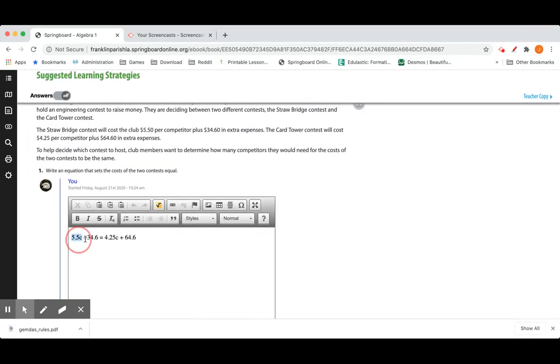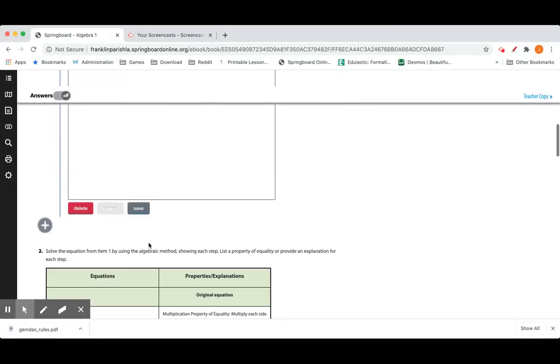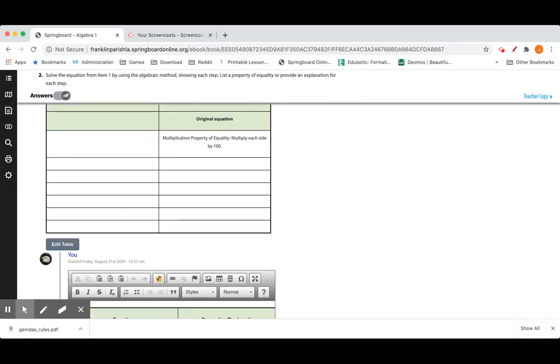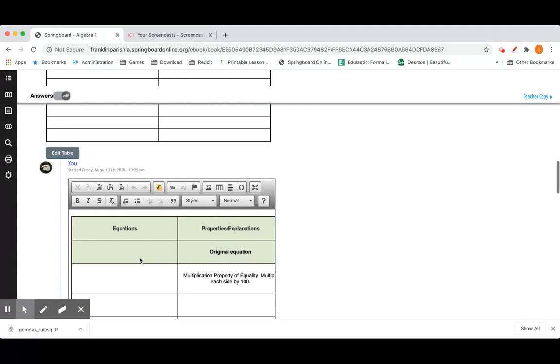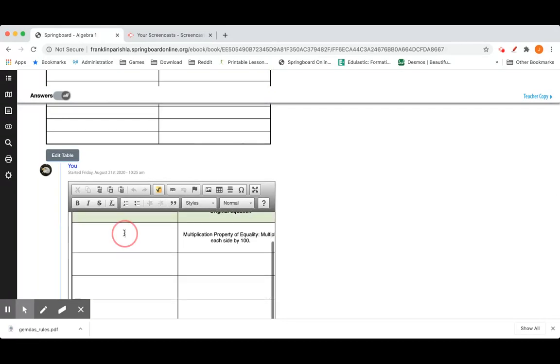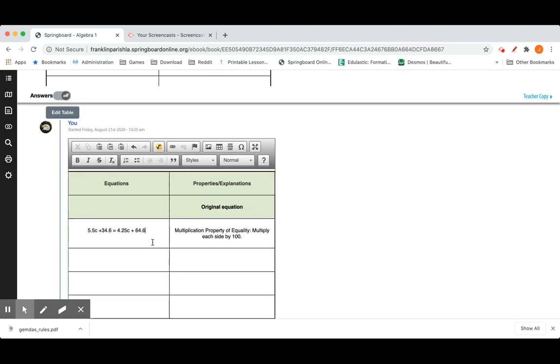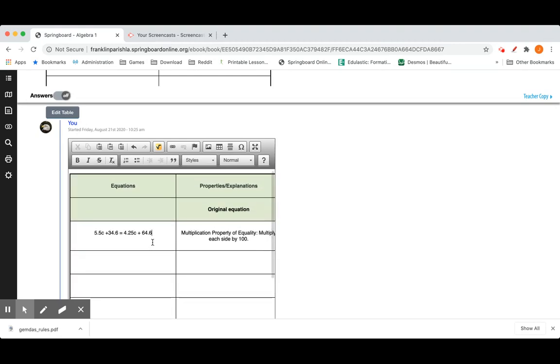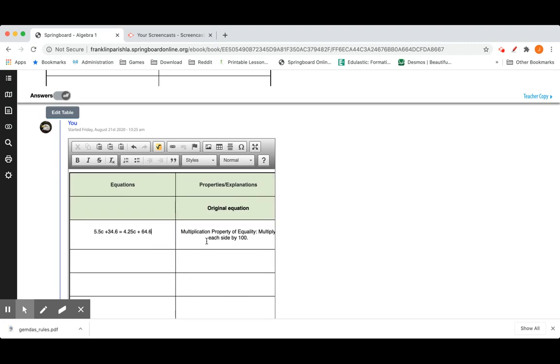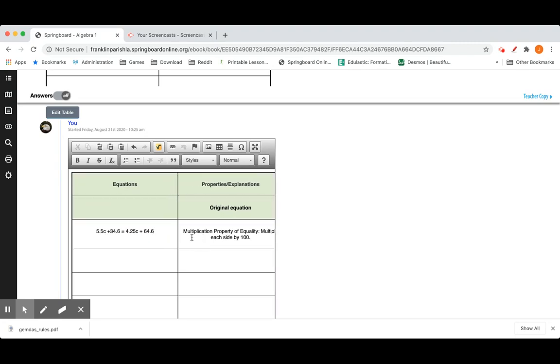We'll see if I can copy and paste this just to make it slightly easier. All right, so they say the first step is to multiply each side by 100.